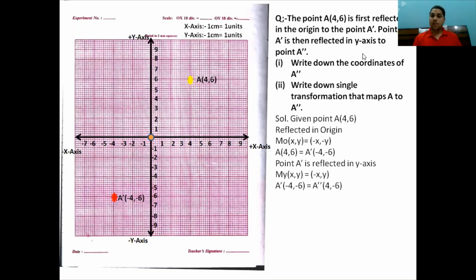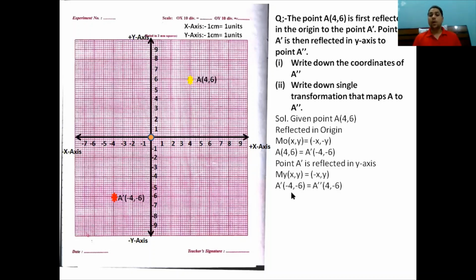Whenever there is a reflection in the y axis, change the sign of the abscissa. So A'', the image of A', will be: do not touch the ordinate, just change the sign of the abscissa.